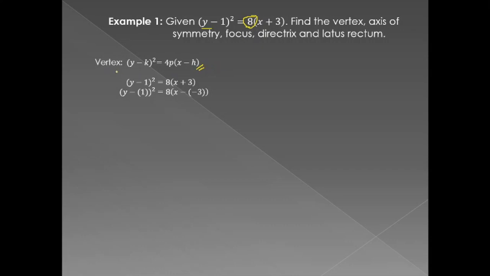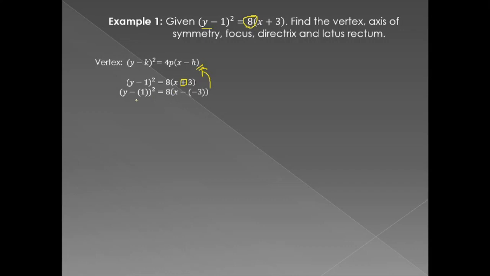So, paano kumuha ng vertex? This is the given: (y minus 1) squared is equal to 8 times (x plus 3). Ang gagawin natin dito, gagawin natin siyang kapareho ng ating equation dito. Dapat, minus yung ating operation. So, ang mangyayari, we have y minus positive 1 and then we have x minus negative 3 para magiging positive yun.